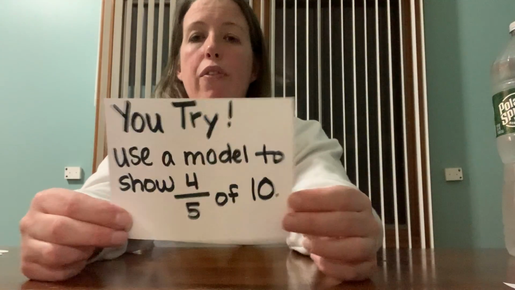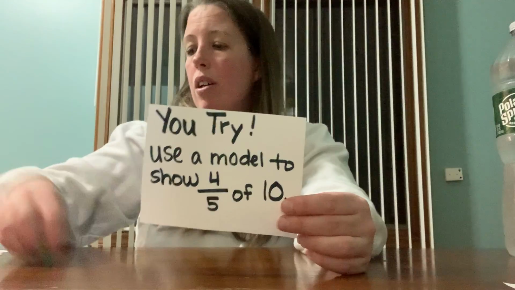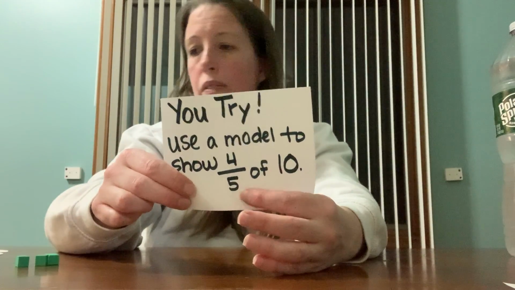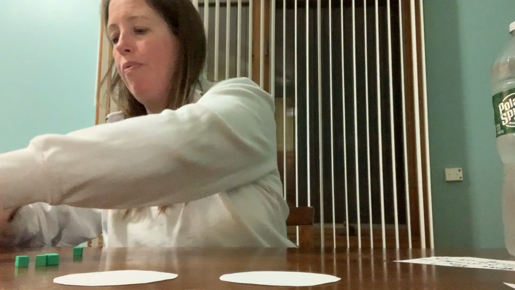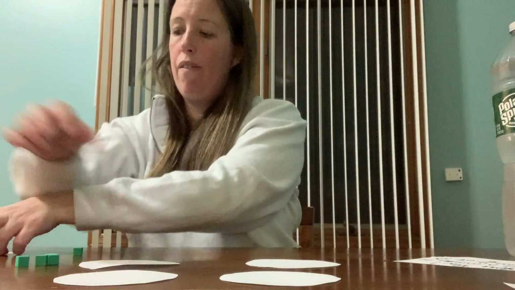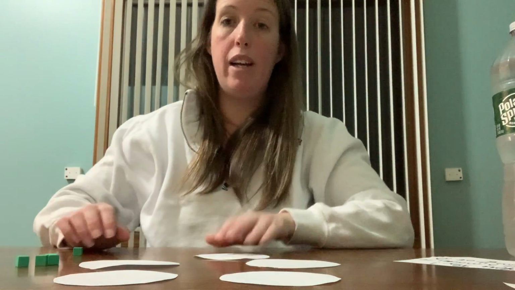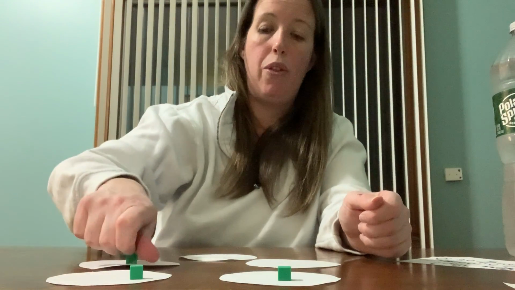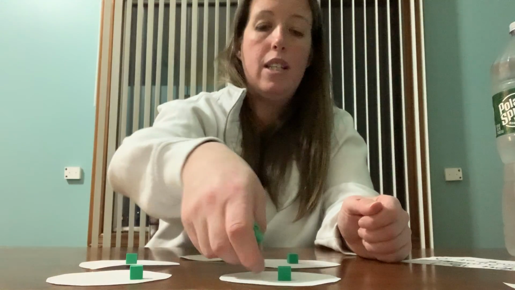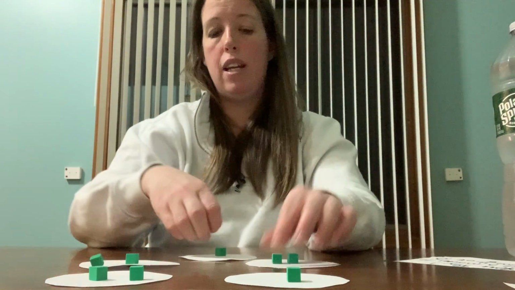Okay, so hopefully you took 10 counters and hopefully you made 5 groups. 1, 2, 3, 4, 5. And now I want to take my 10 counters and split them up. 1, 2, 3, 4, 5, 6, 7, 8, 9, 10.